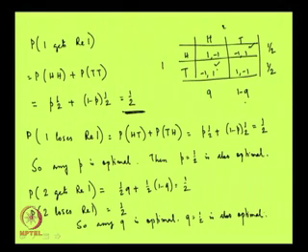So, what we have derived is the following: given Q is equal to half, P is equal to half is optimal, and given P is equal to half, Q is equal to half is also optimal, and therefore, P is equal to half, Q is equal to half is Nash equilibrium.